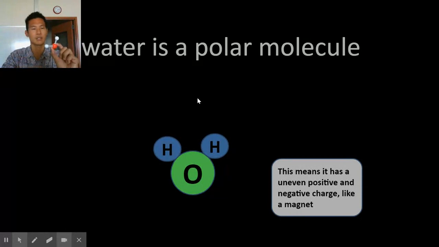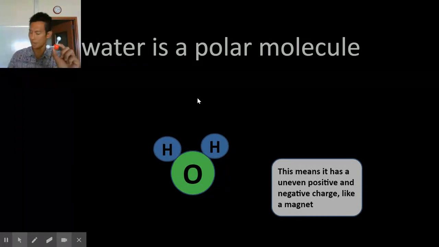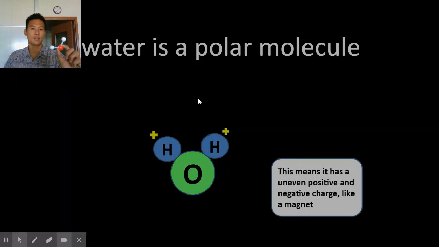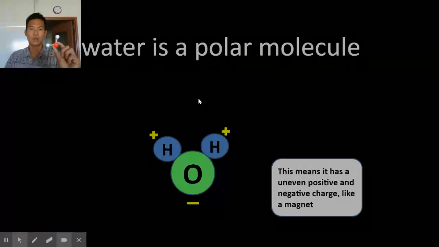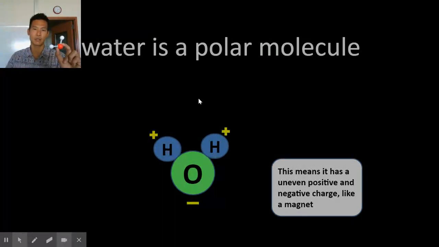What that means is that one side is more positive and the other side is more negative. Now, whenever something has polarity, it gains properties of attraction, kind of like a magnet. Your magnet is attracted to other metals.